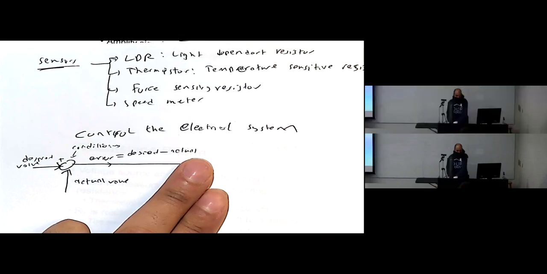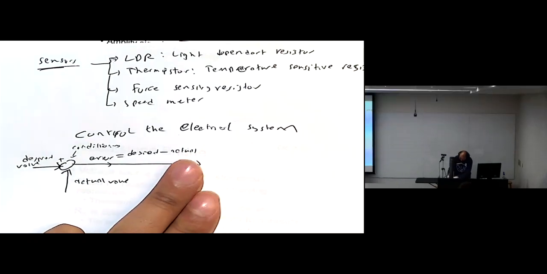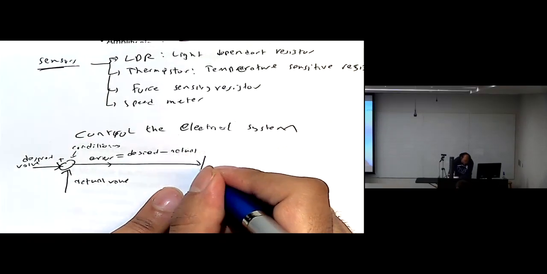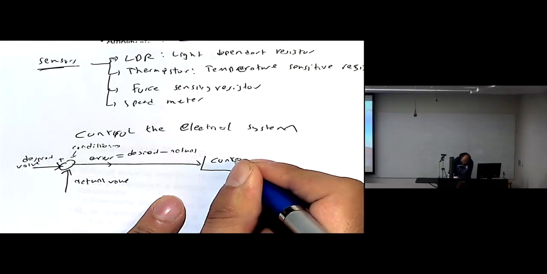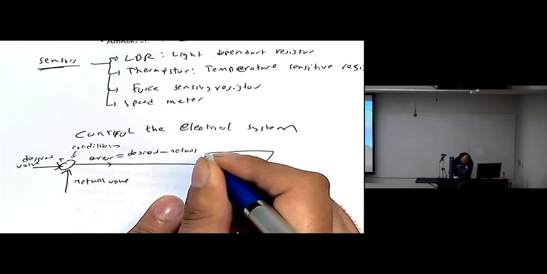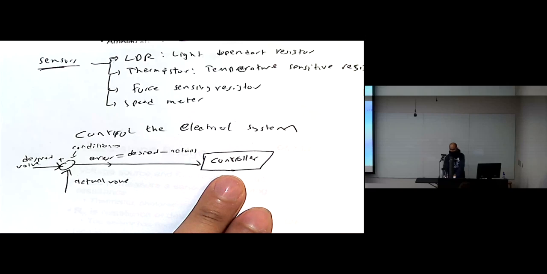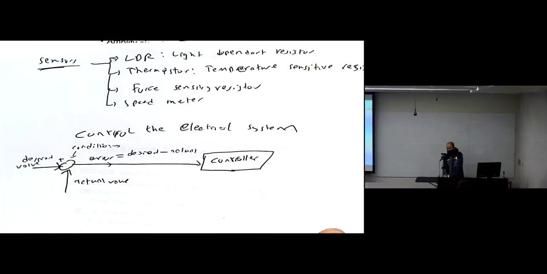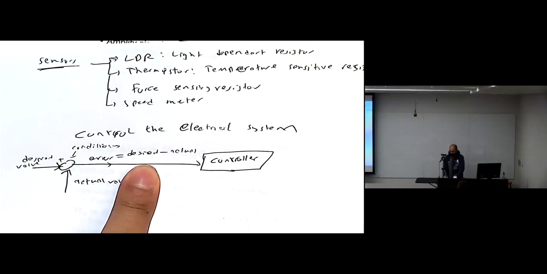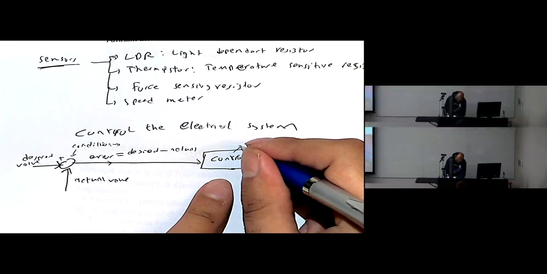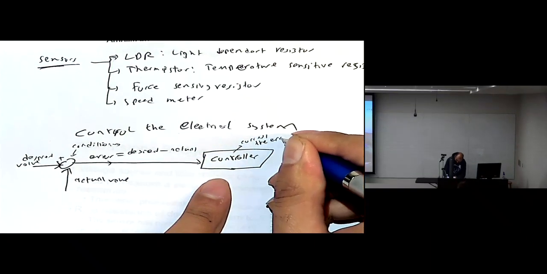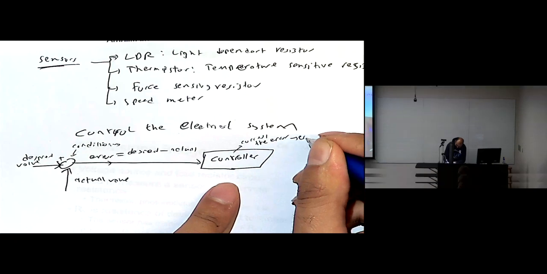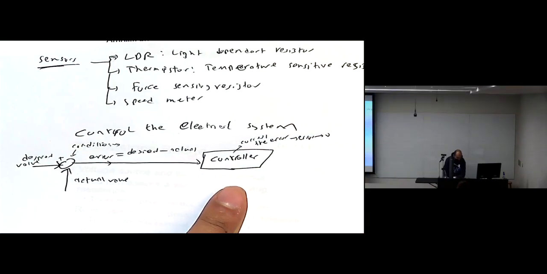Then, after determining the error, I need to do some action. In order to do the action, I must have a controller. So the controller will do an action to correct the error. The target is to let the error go to 0.